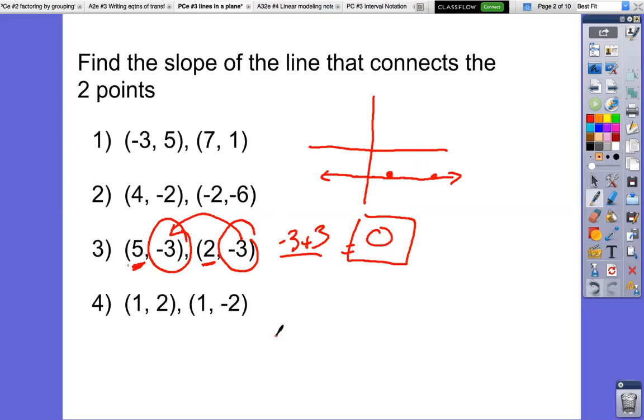On number 4, I want you guys to see this, you don't even have to do any math. I see that my x values are not changing, but my y is. So if I've got the points (1, 2) and (1, -2), my y values are changing, my x values are staying the same, so my slope is undefined.